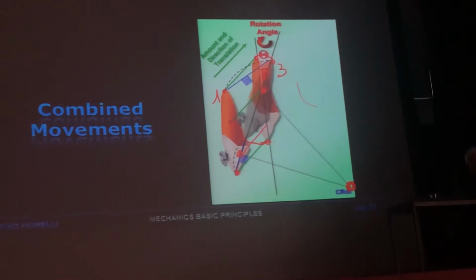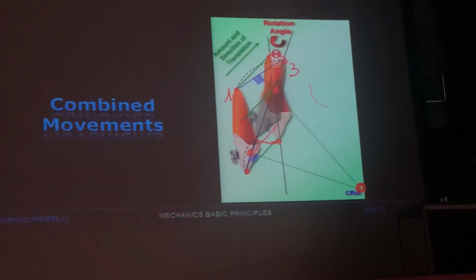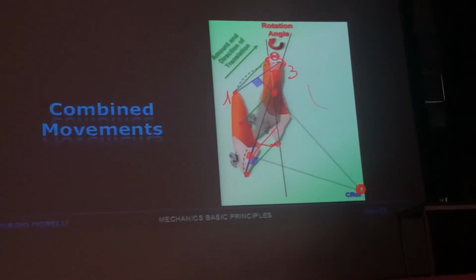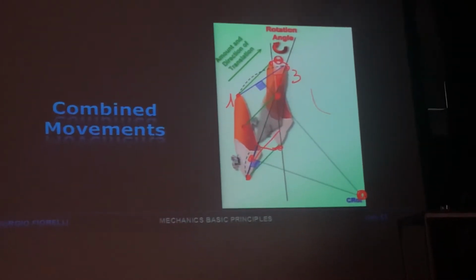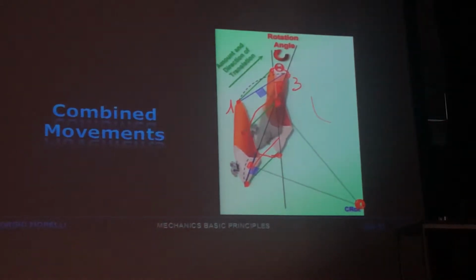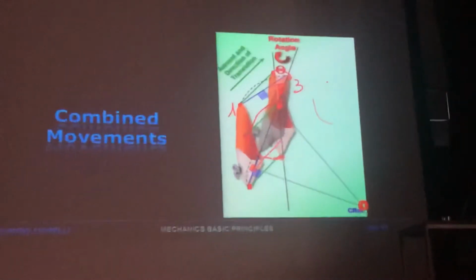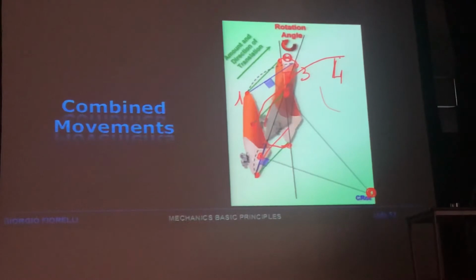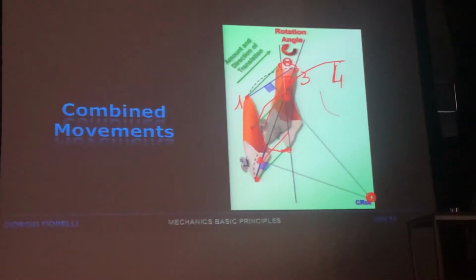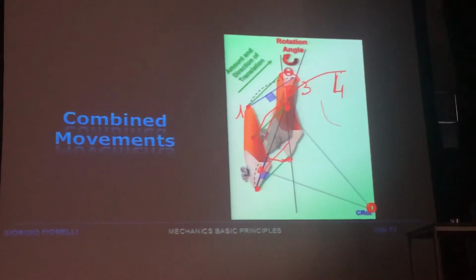The displacement itself is not identified by the center of rotation, because I want you to understand that we can go on with this rotation from point 1 to 3 to another point 4 that can be here. So we can do a rotation like that. So this is another thing, but this is the shortest path.